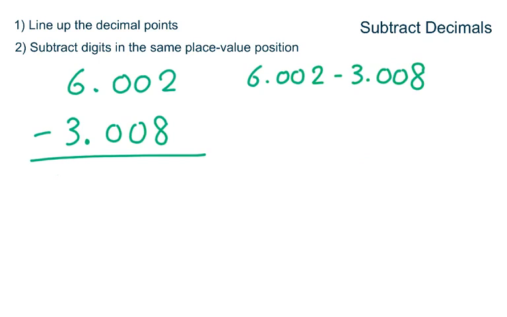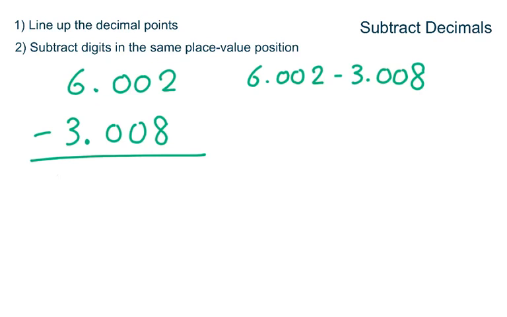In the last problem, we're going to subtract 3.008 from 6.002. So now we have another 0, but it's okay, we're just going to use the same method again. Notice you don't have enough to subtract 8 from 2, so we're going to borrow from the next place over, but now we have two zeros.